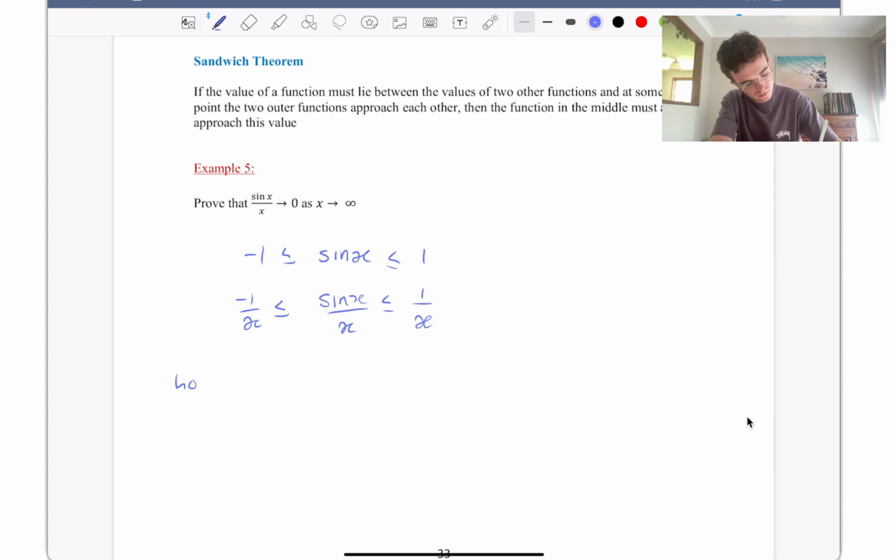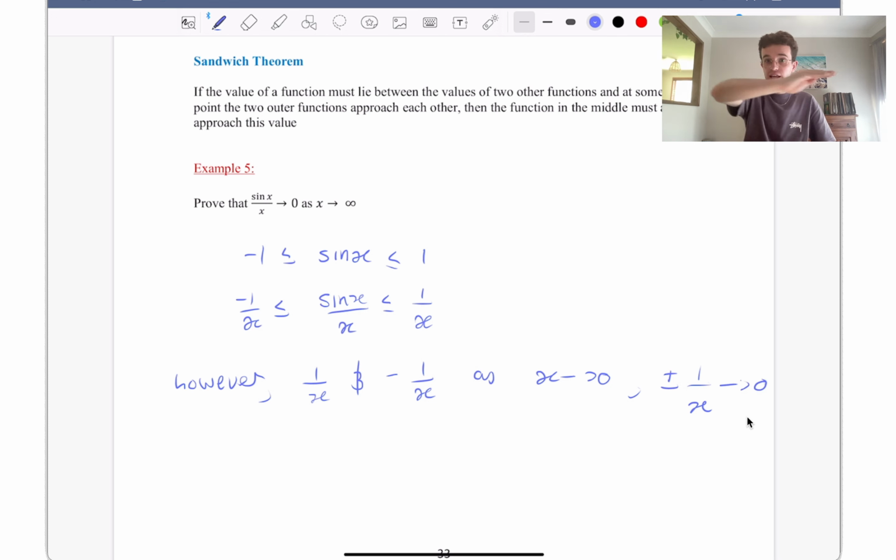We know 1 on x and minus 1 on x, as x approaches infinity, they approach 0, because they're hyperbolas. As any of them approach infinity, they get closer to 0. So therefore, by the sandwich theorem, sine of x on x has to approach 0 as well.